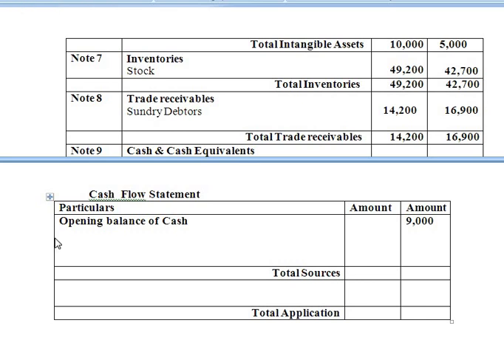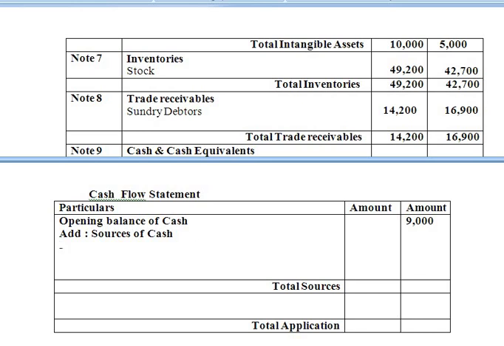Next, add sources of cash. Okay, now the first source of cash is cash from operations, rupees 14,300. Amount in inner column 14,300.